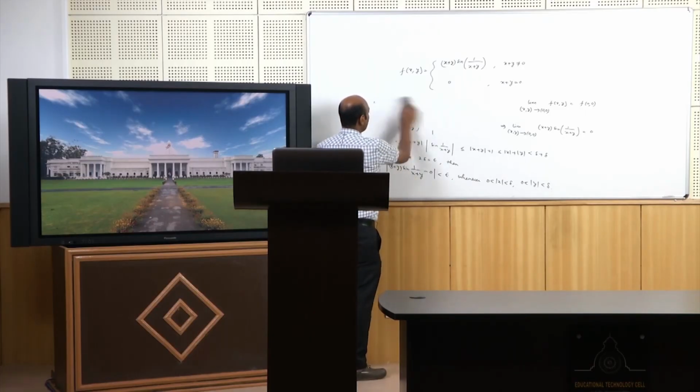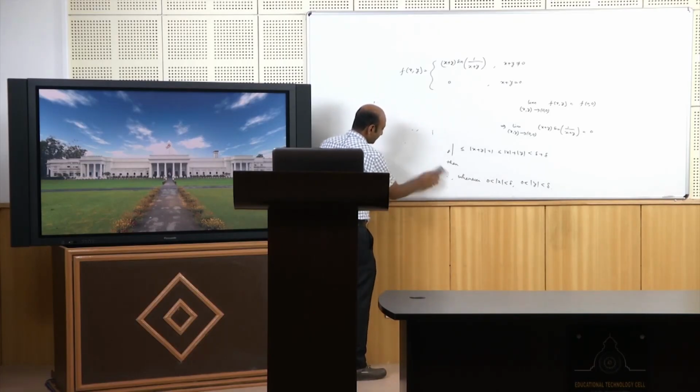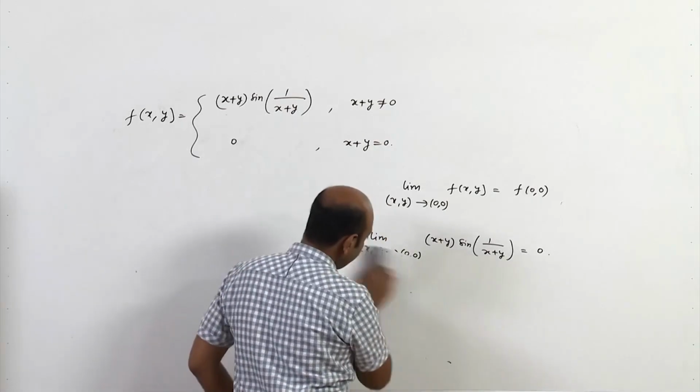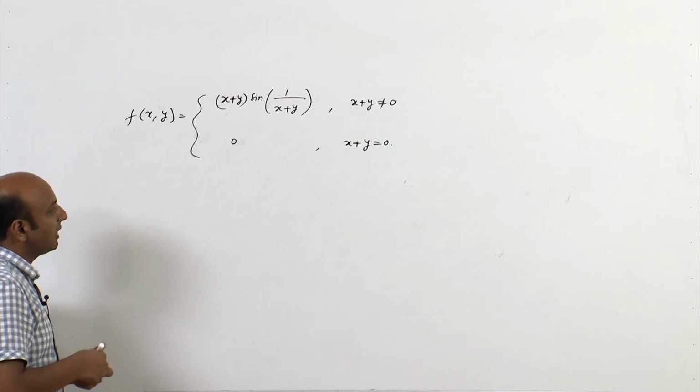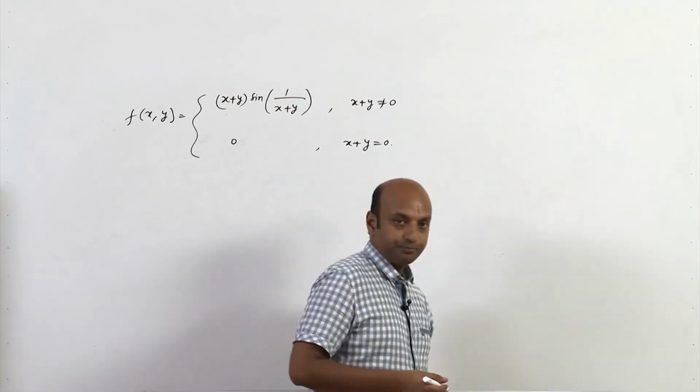Now, we have to find its first order partial derivatives. Since the function is in split form, with a different value, 0, at (0,0), we can't find its partial derivative as such; we have to use the definition of limit.